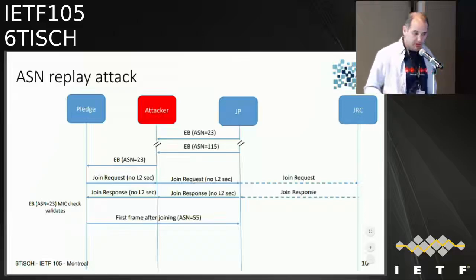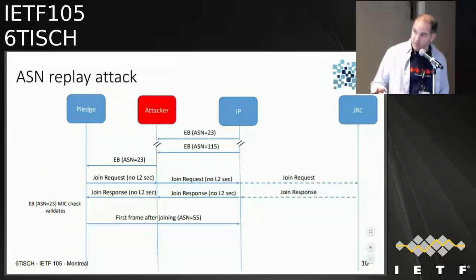So the problem arises after the join process. Once the join response is received and the replayed enhanced beacon validates, the pledge's notion of time will be this number here, 23, plus the time that elapsed to get to this point. So let's say that's 55.